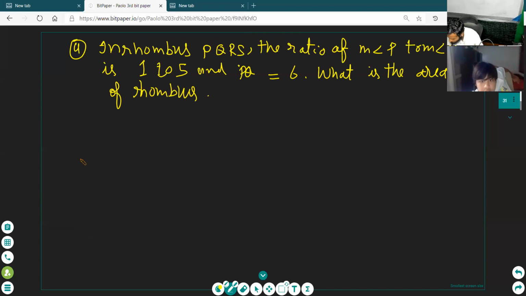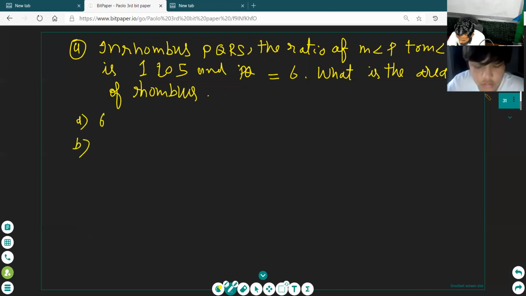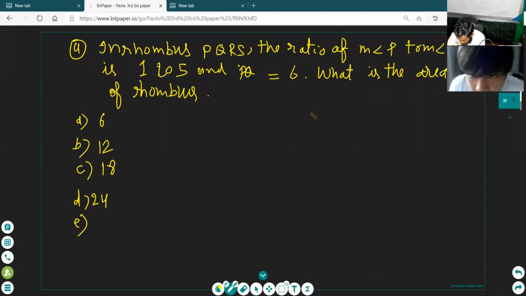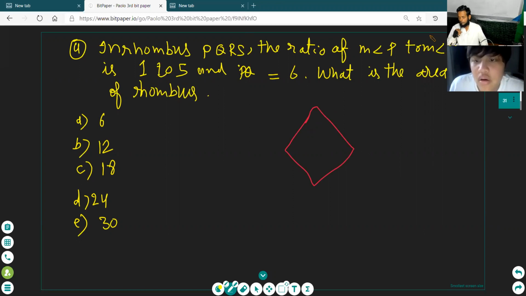Do it. I'm giving you the option. Can you make the rhombus? We have studied the rhombus first. Isn't a rhombus basically just a square? Yes, a square is also a rhombus, okay?